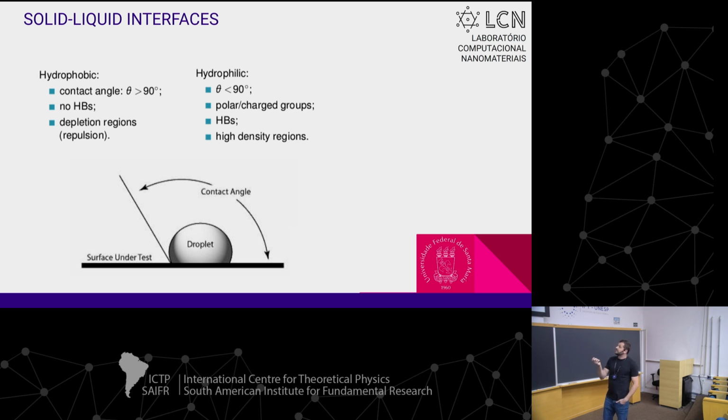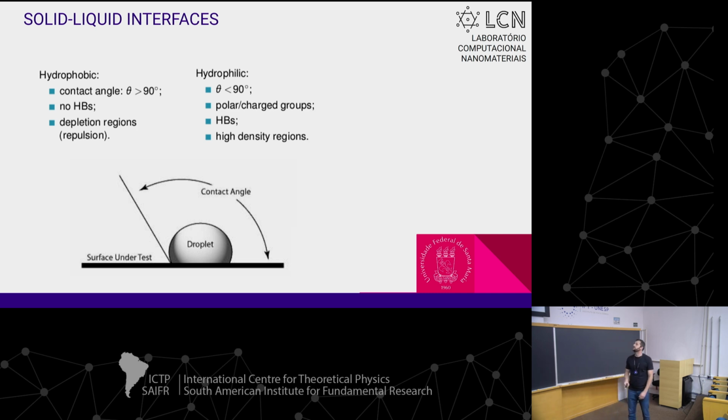Also, we like to look at the interface: if we find some depletion zone, some lower density at the interface between the liquid and the solid, we also refer to it as hydrophobic. Otherwise, we call it hydrophilic, if there is a denser, packed region of liquid at the interface.